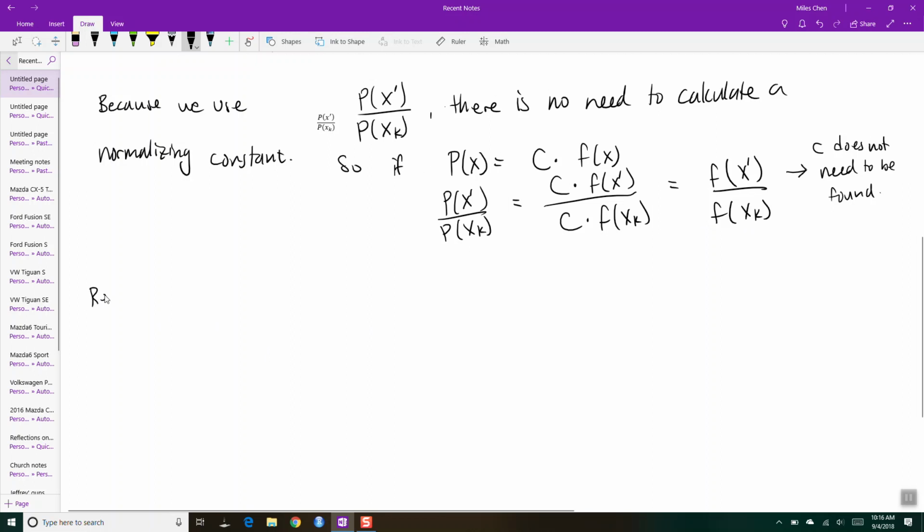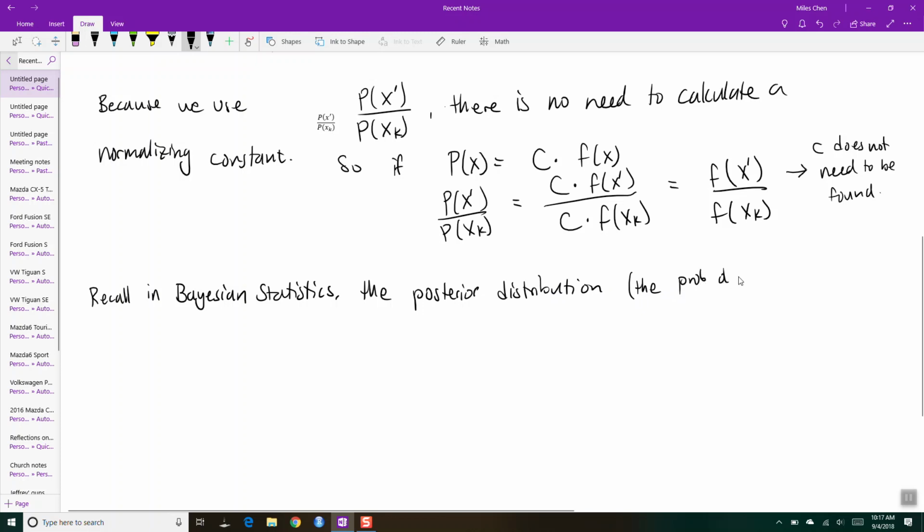This is perfect for us because in Bayesian statistics, we often get things in the form where we have a function that's proportional to, right? So recall, in Bayesian statistics, the posterior distribution, okay, the posterior distribution is the probability distribution of the parameters given the current data, right?